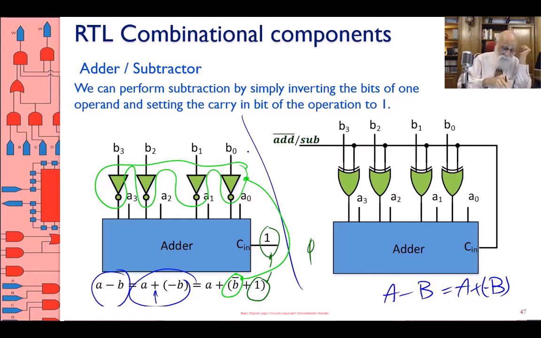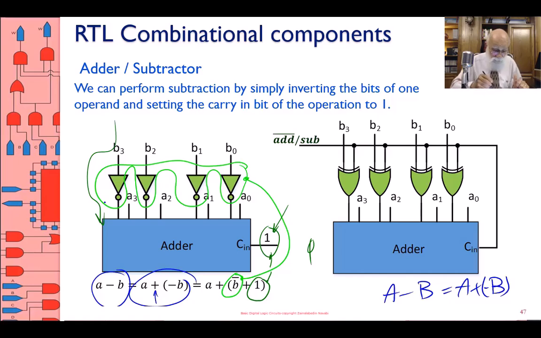So that's a subtractor on the left. What if I want a circuit that sometimes I have to decide whether I want a subtractor or an adder? Okay? The circuit I design is one that sometimes it inverts, sometimes it doesn't invert. And also this one, sometimes it puts that 1 in there, sometimes it puts a 0 in there. If I want to add, I will let b's go through untouched, and I put a 0 here.